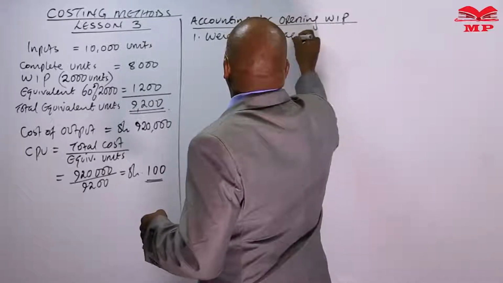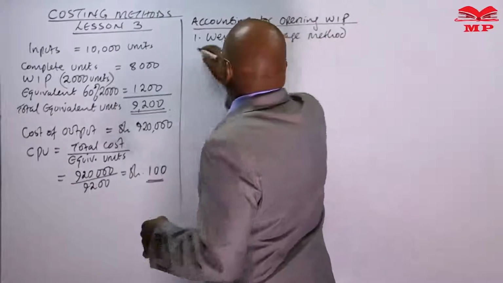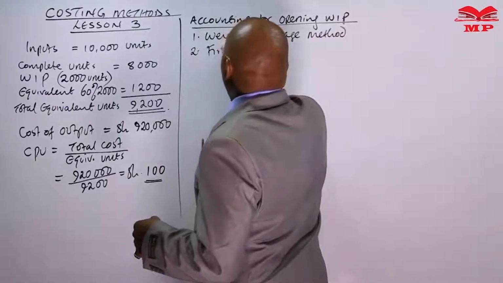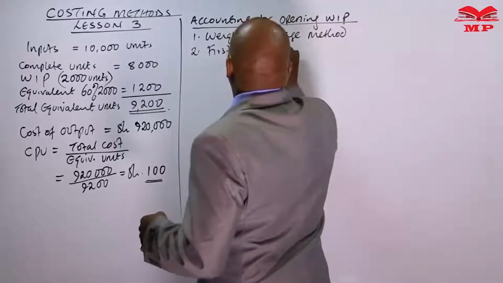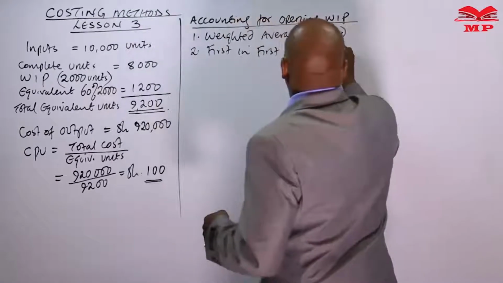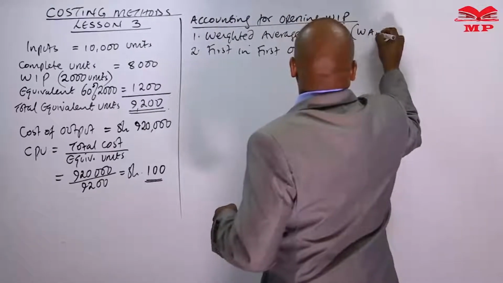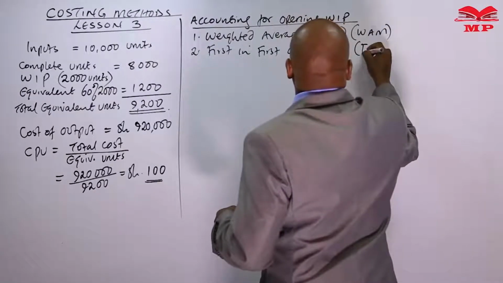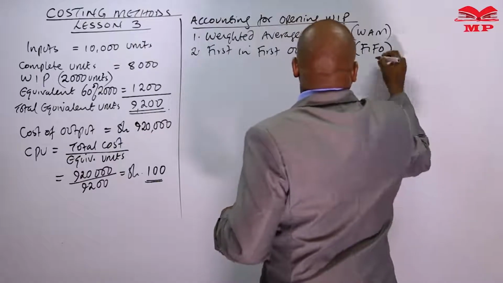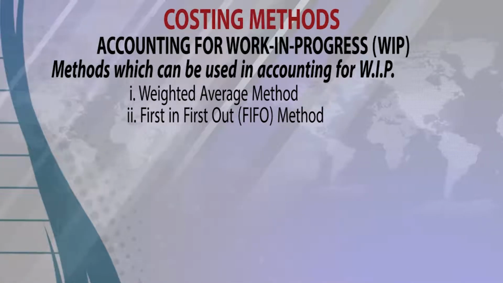This is the WAM, and you have the FIFO method. These are the two methods, the weighted average method and the FIFO method.